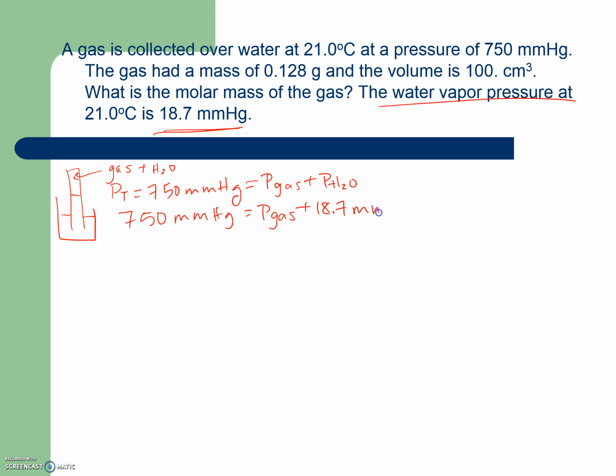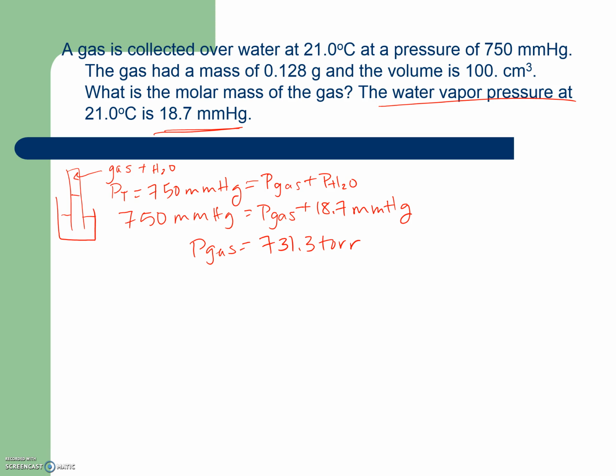18.7 millimeters of mercury. Since millimeter of mercury and torr are the same thing, I'm just going to change my units to torr so that it is more consistent with what we've been doing with a constant. So I'm going to subtract that, and I'm going to end up with the pressure of my gas equal to 731.3 torr, which is exactly the same as a millimeter of mercury.